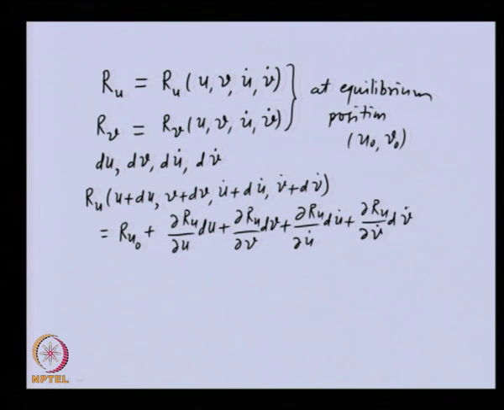These are the velocity components. A similar variation we can express in the v direction. So, this will be v plus dv.